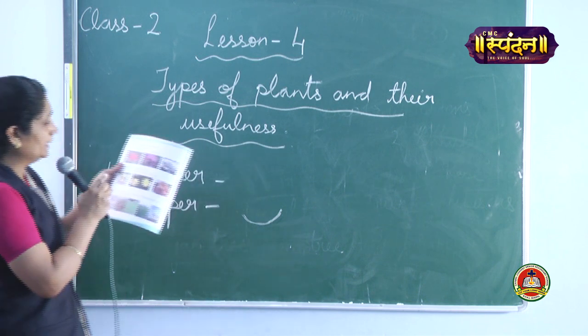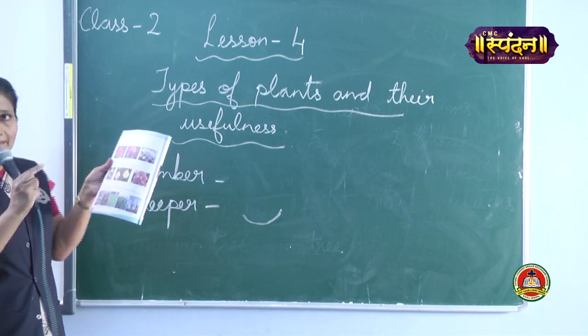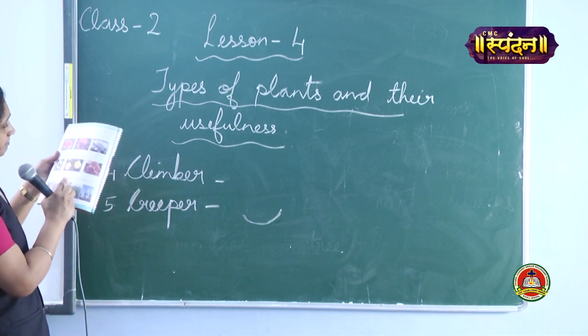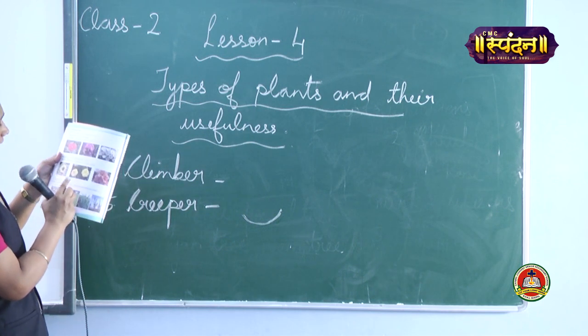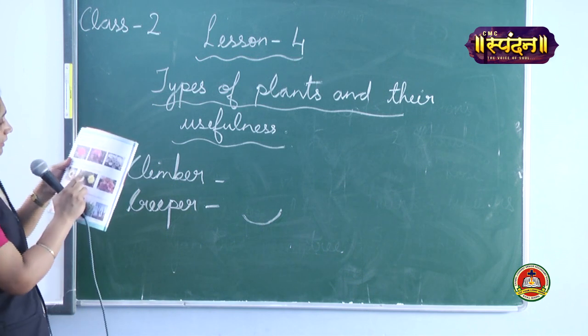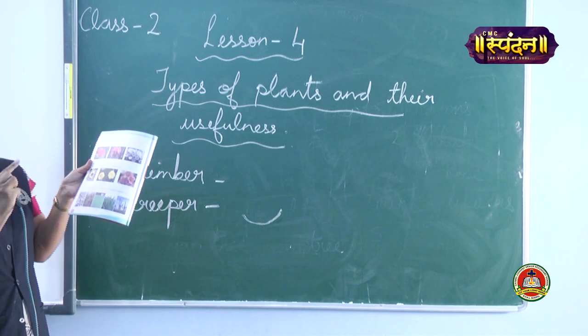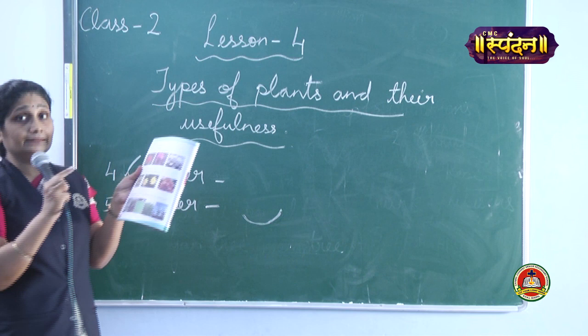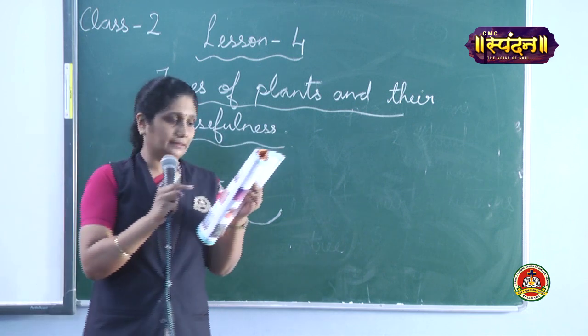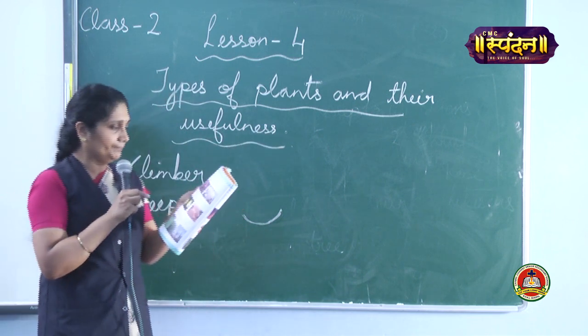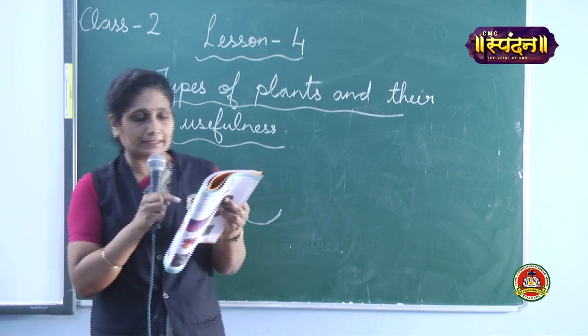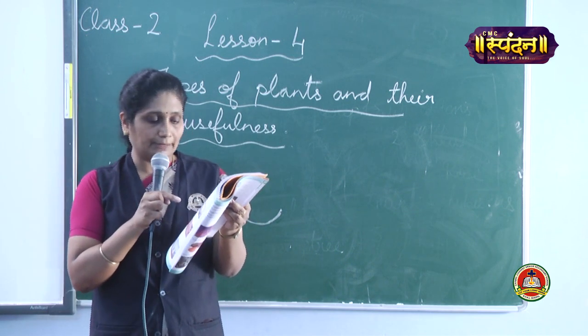The lily, marigold. Lily means it's a type of flower. Lily, marigold, genda, and sunflower. Sunflower you have seen during the summer season. It grows. Okay. So lily, marigold, and sunflower are summer plants.